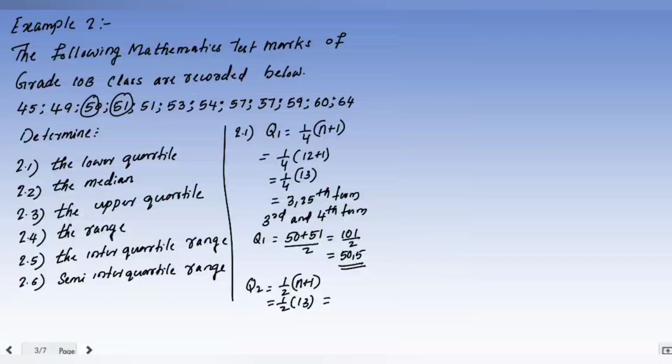So 1 over 2 times 13 is going to be 6,5, the term. You know that 6,5 is in between the 6th and 7th term, isn't it? Let's find out those two. 1, 2, 3, 4, 5, 6 and 7. That is 53 and 54.